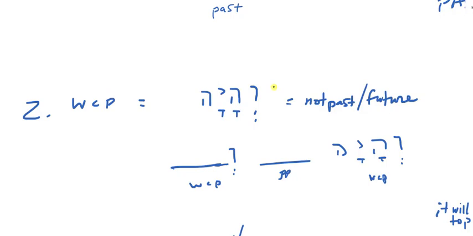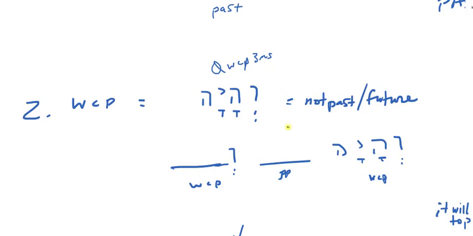And so what we're going to see is Vehaya. This is the normal Vav attached to what looks like the perfect 3MS form of Haya. Okay? That is a WCP 3MS of Haya.